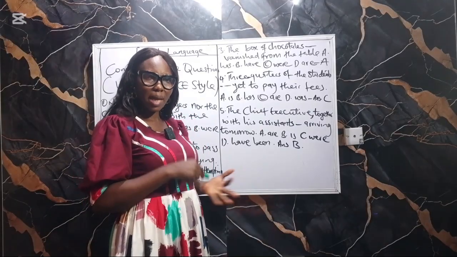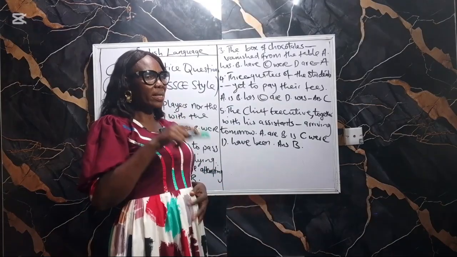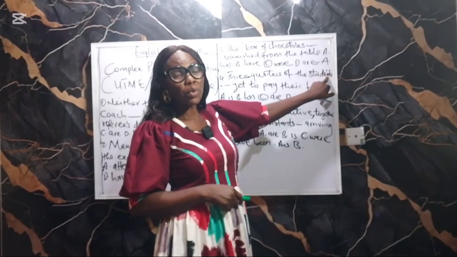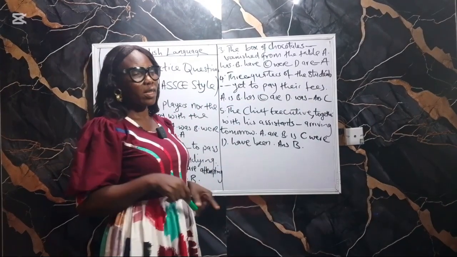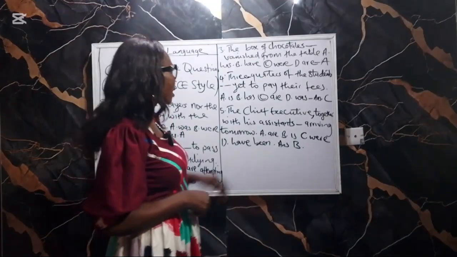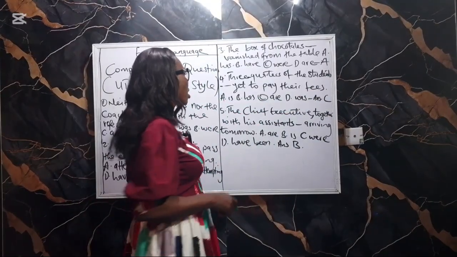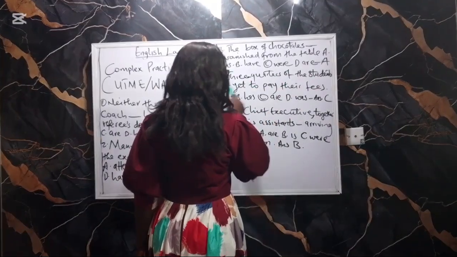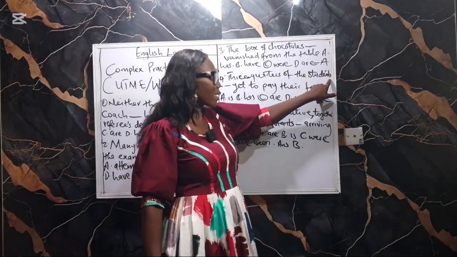When it is uncountable, you use singular, but when it is countable, you use plural. In fact, the noun that follows "of" is the one that you will take. Now, the one that follows "of" is the students, and it's plural. So the answer should be plural. That is C. Three quarters of the students are yet to pay their fees. Why? This is countable and it's plural.